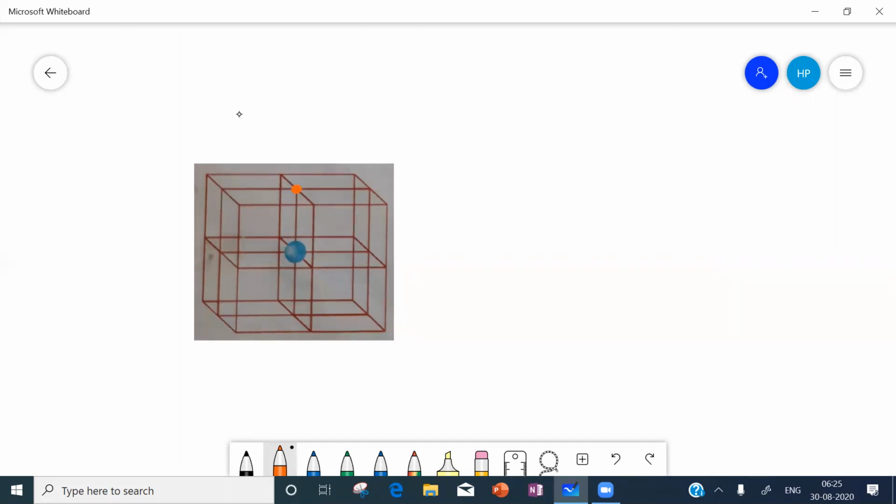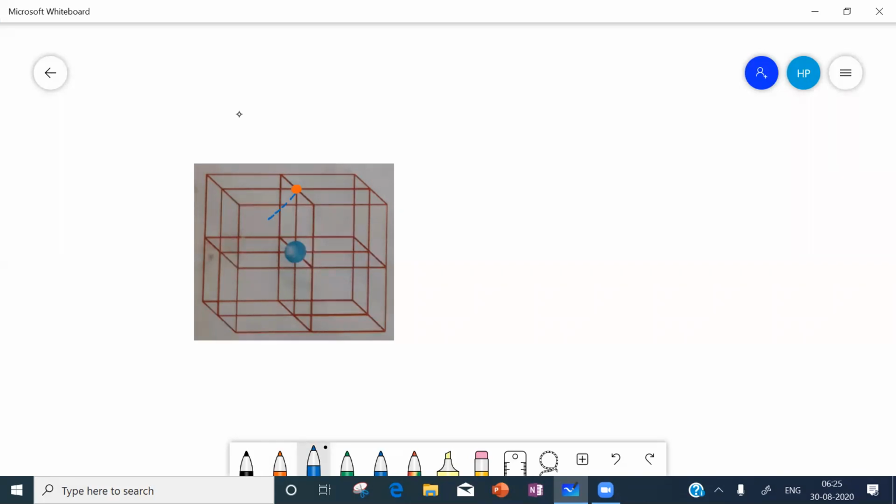Let us place zinc ions in the alternate tetrahedral voids, for which we will go for a tetrahedral void. First we will draw a tetrahedron. From this we will go to the center of the small cube.